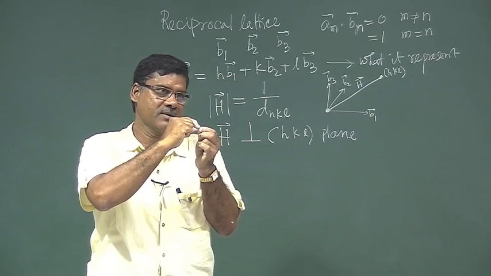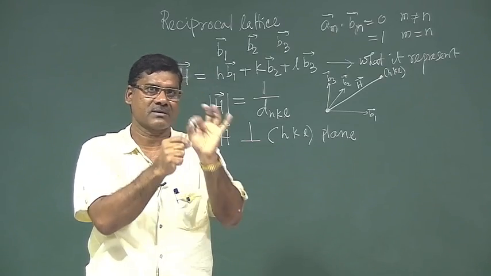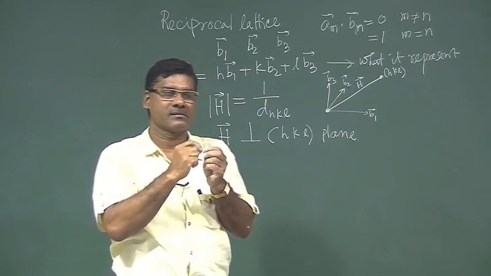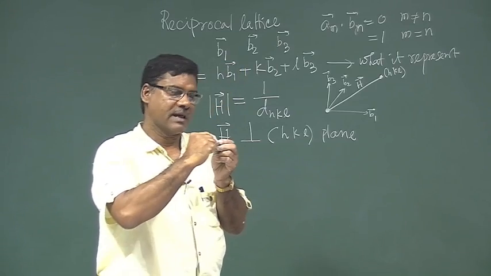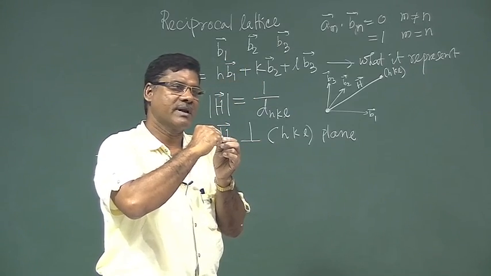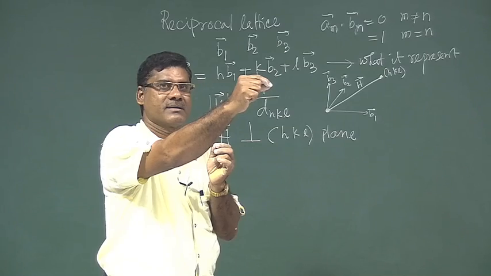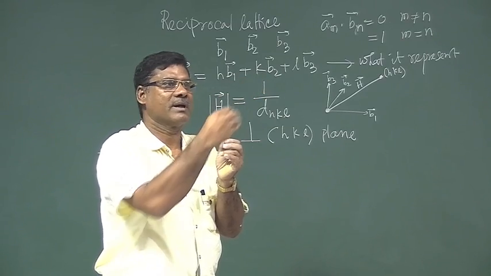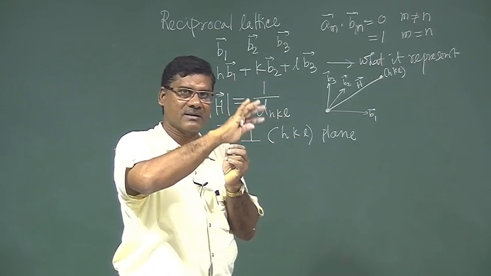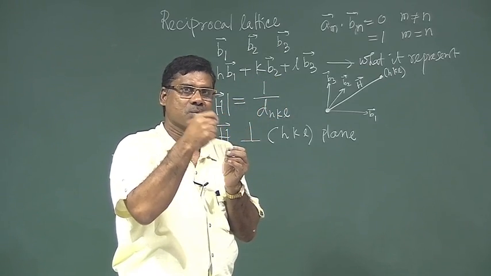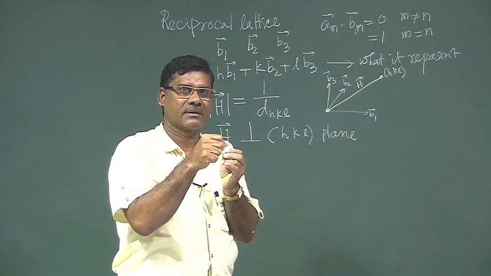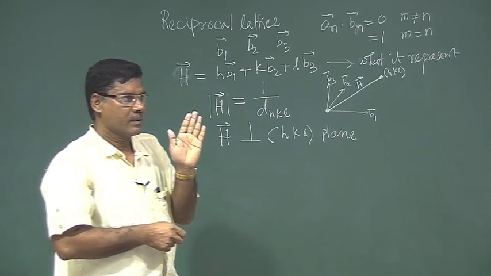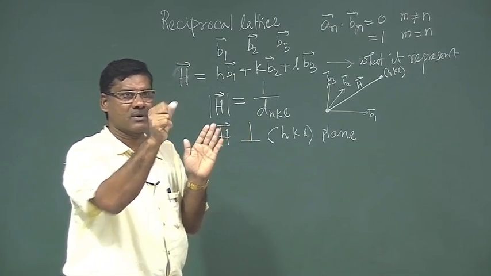If I take one point as origin and draw a straight line up to another point, that will be the direction of this plane, and it is basically perpendicular to that plane. Okay. So, that is what the Laue spot tries to explain, right. From each set of planes we are getting one Laue spot.